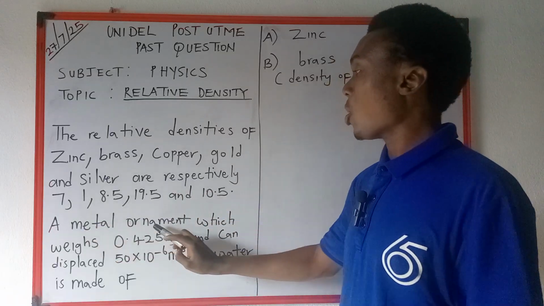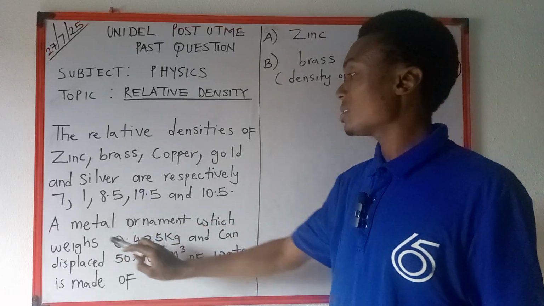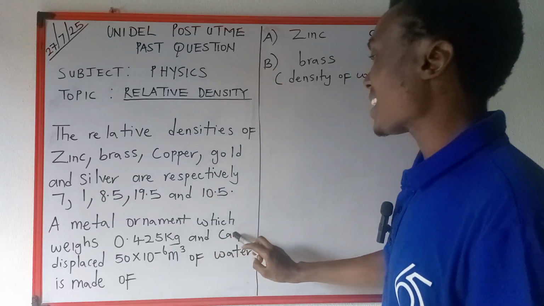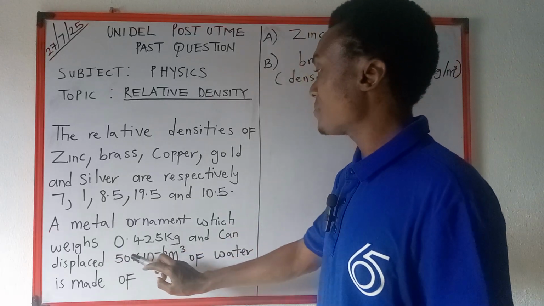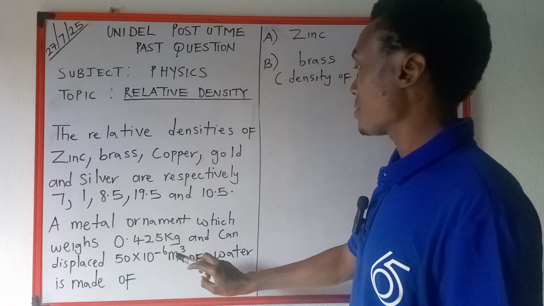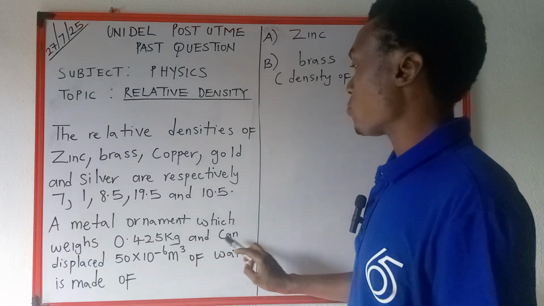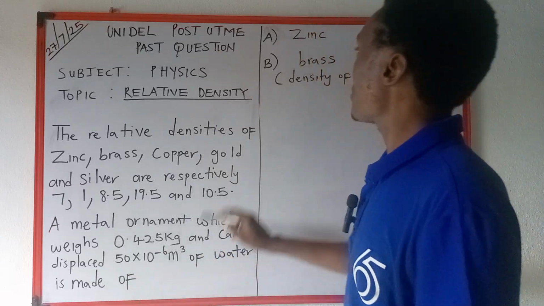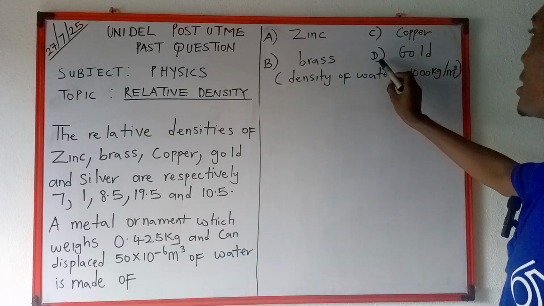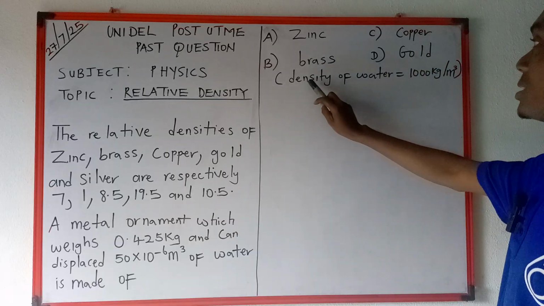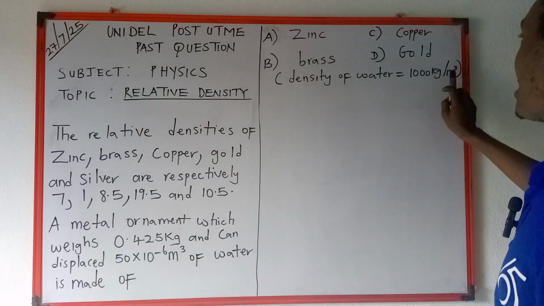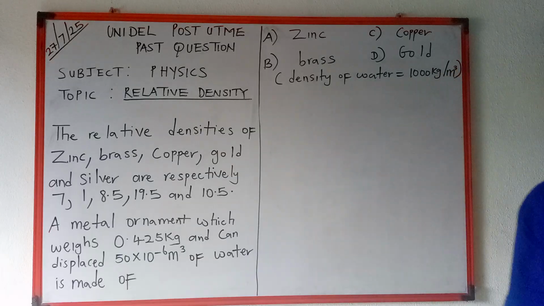A metal ornament which weighs 0.425 kg and can displace 50 times 10 raised to the power of -6 meter cube of water is made of A. Zinc, B. Brass, C. Copper, D. Gold. Density of water is equal to 1000 kilogram per meter cube.